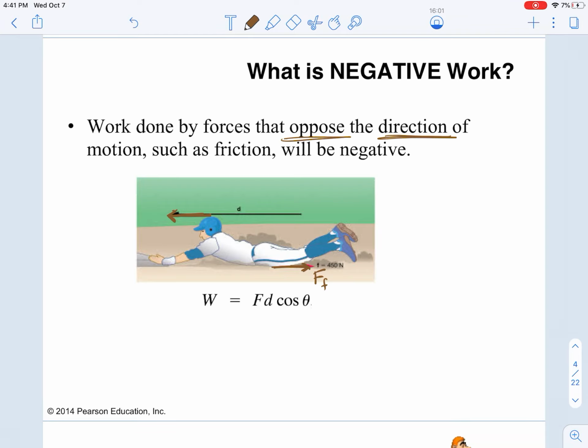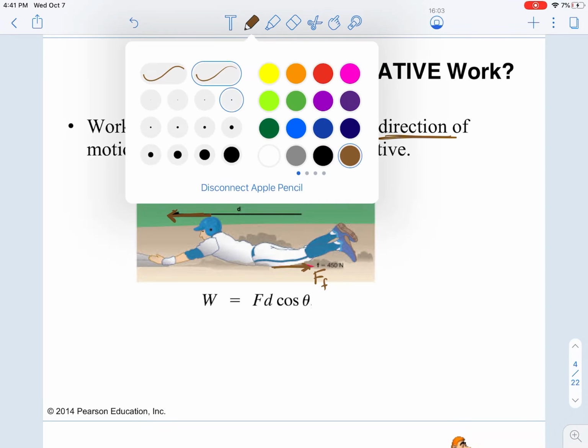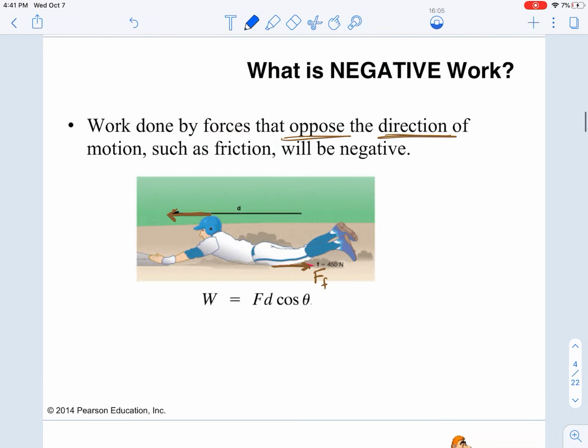If we look at the formula, then we would say that it's the force applied times the distance times the cosine of theta. So what would my theta be? Well, if the displacement is in this direction and the force is in this direction, then the angle between those two vectors is 180 degrees.